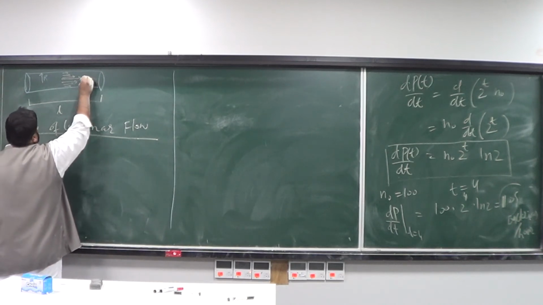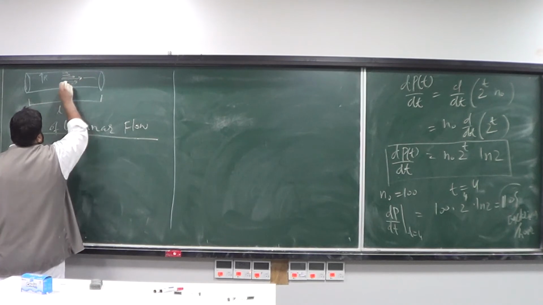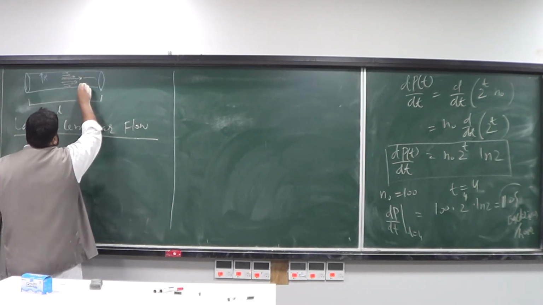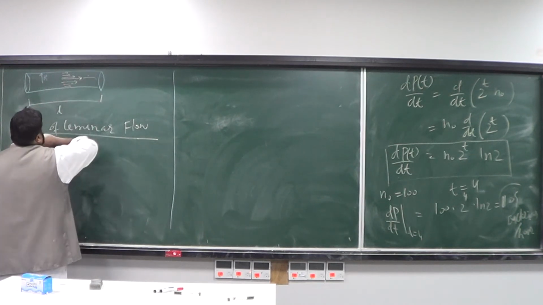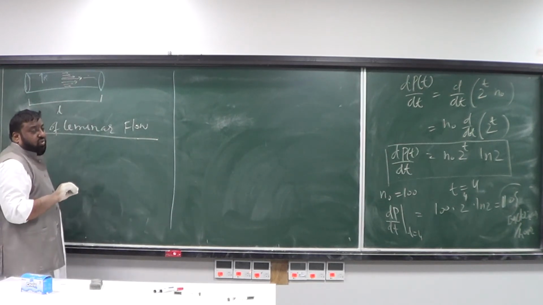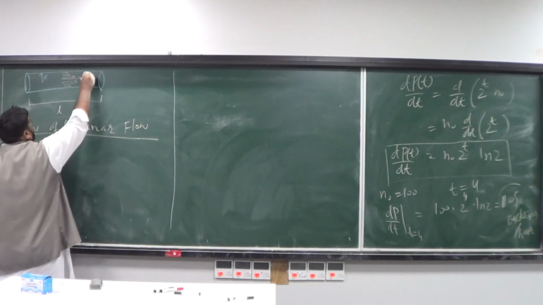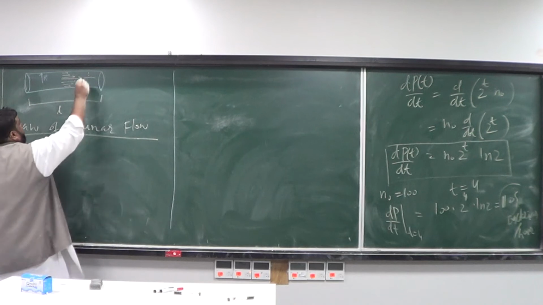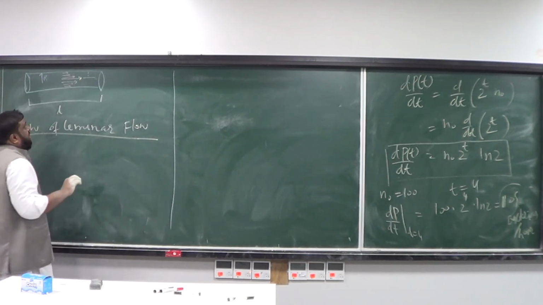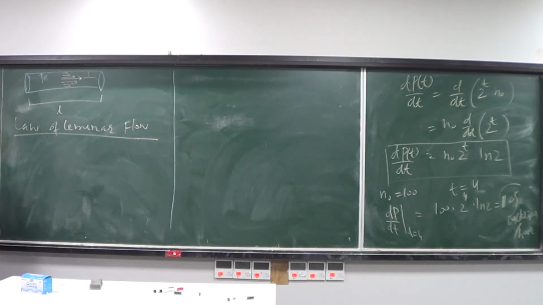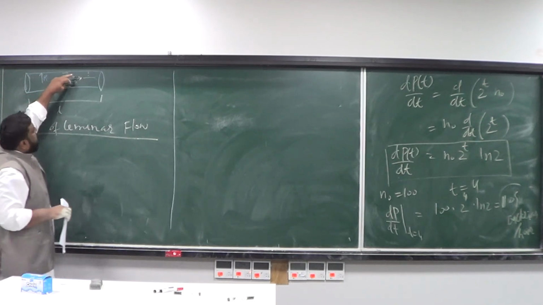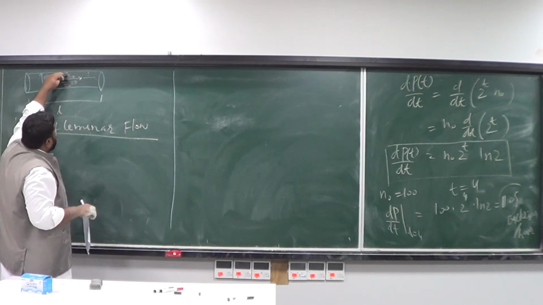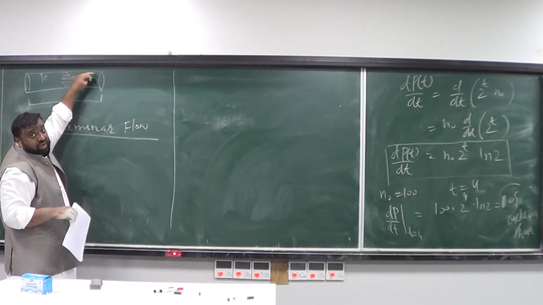In other words, if you are at this distance, the blood will flow faster, but if I am here, the blood will move a bit slower, and if I am here, it will move even slower, and if I am really close to the surface of the vessel, then I am going to move really slowly.